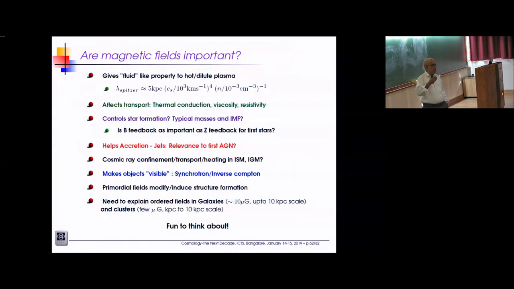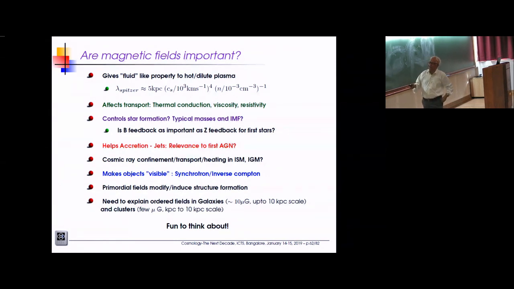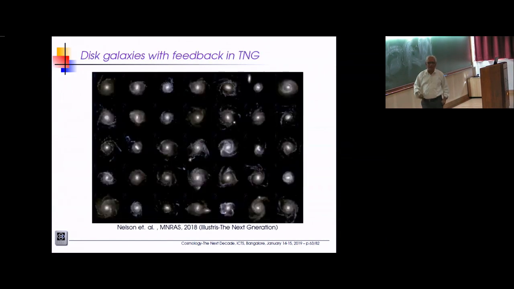Okay, so if you did not make it at all in the universe at some stage, you don't know how exactly star formation will occur. Because the only place where you see star formation explicitly, nicely, in a controlled way, is our galaxy in molecular clouds where things are already important. So there are jets, as I already said, cosmic ray confinement, and of course, it's fun to think about.